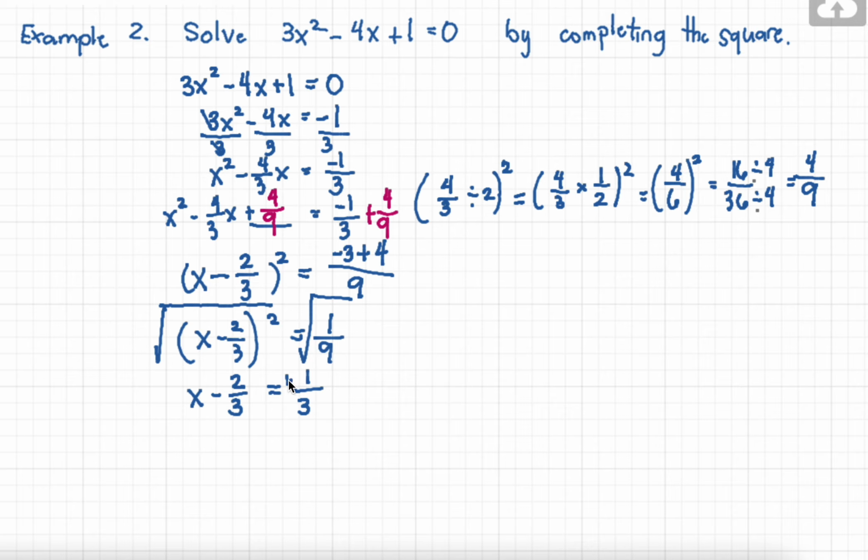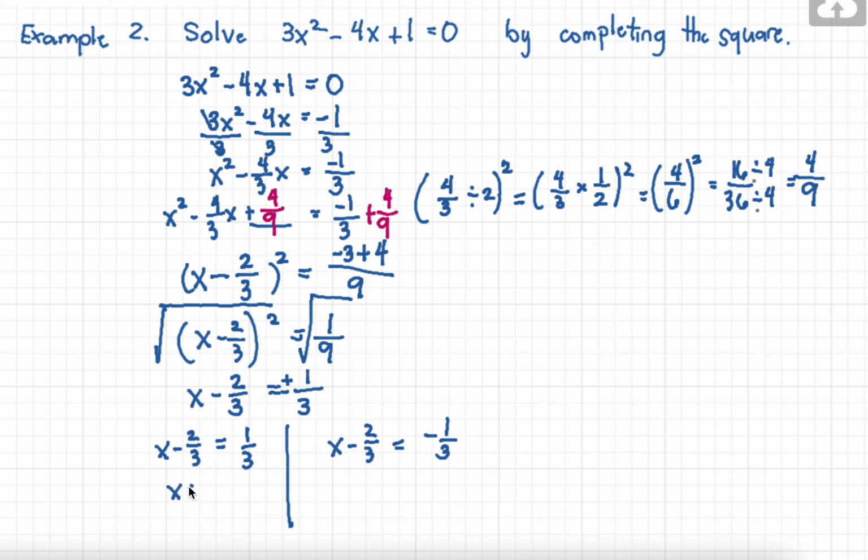So, again, that will be positive or negative. So, right after that, we can go ahead and solve it separately. Yung isa is positive 1/3. And then yung isa naman is x minus 2/3 is equal to negative 1 over 3. Kasi dalawa yung value na nakukuha natin whenever we get the square root.